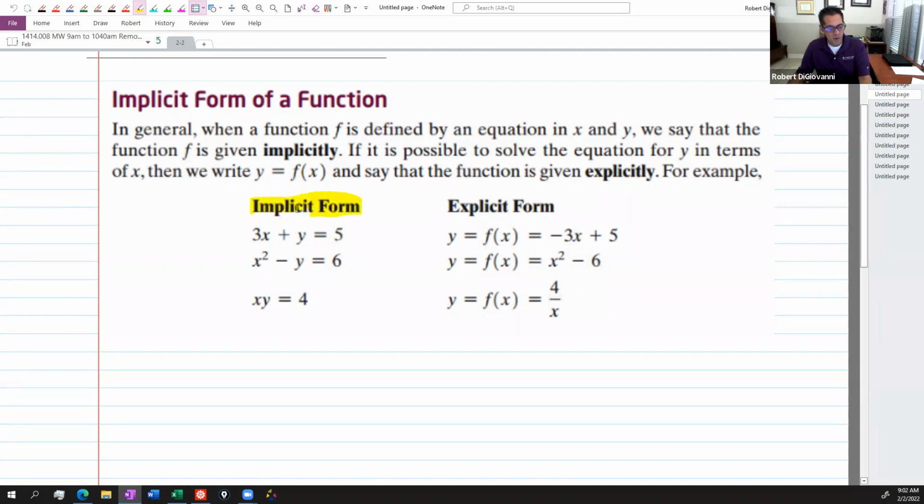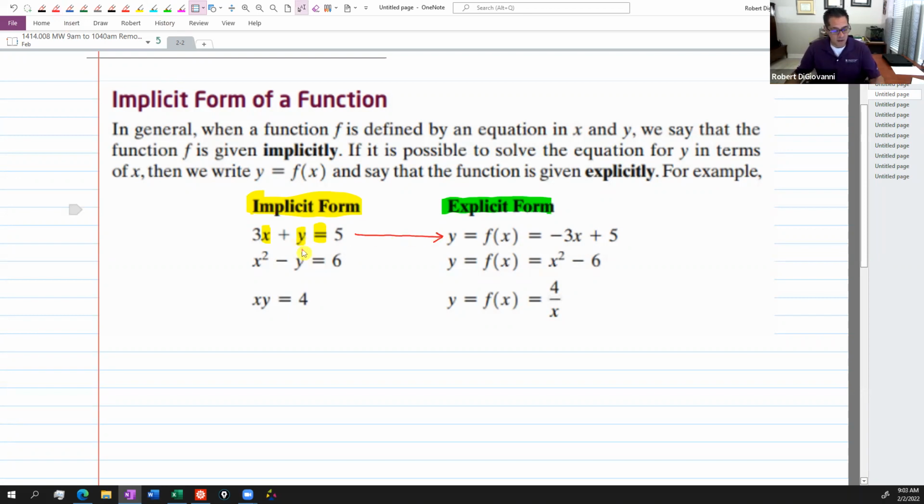That just means you have an equation and you've got your x and your y, and they're just mixed up in there, whatever it looks like. The explicit form of the same equation is when you can take that equation and somehow solve it for one of the variables.